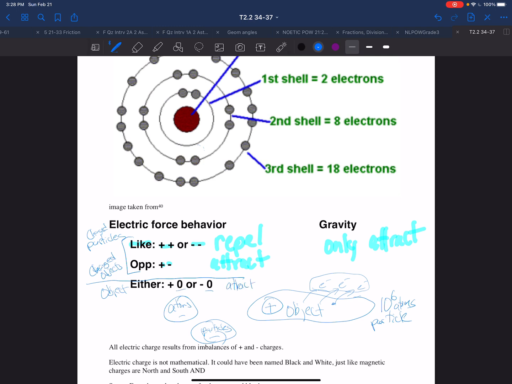So a neutral attracts anything. A neutral attracts either positive or negative charge.